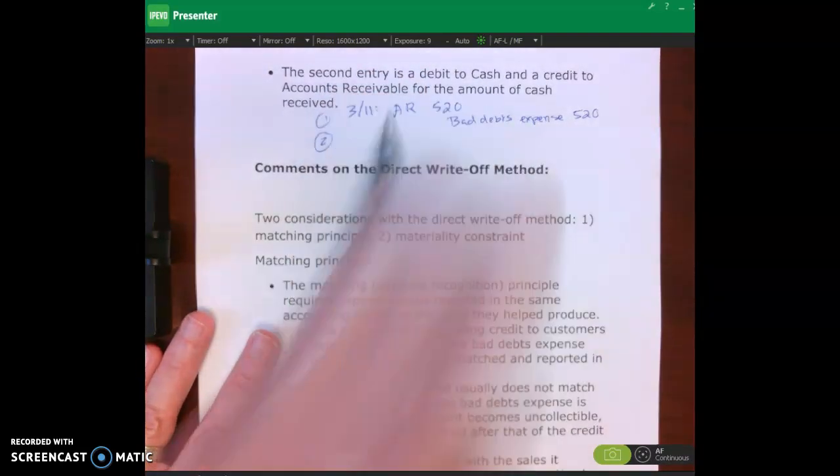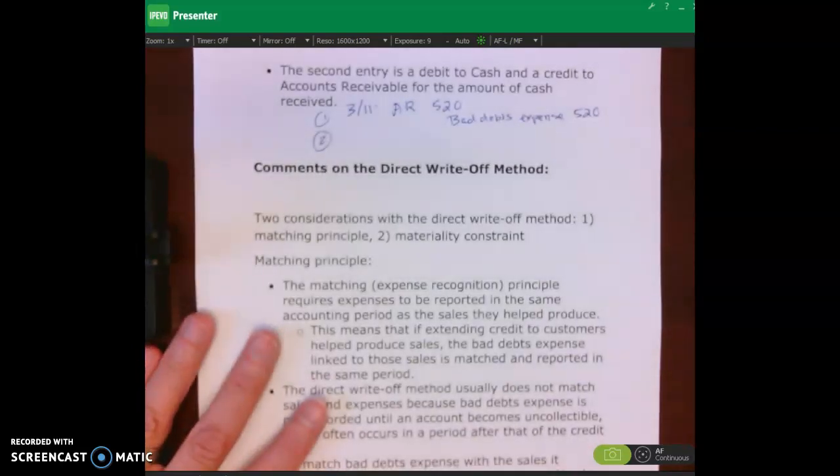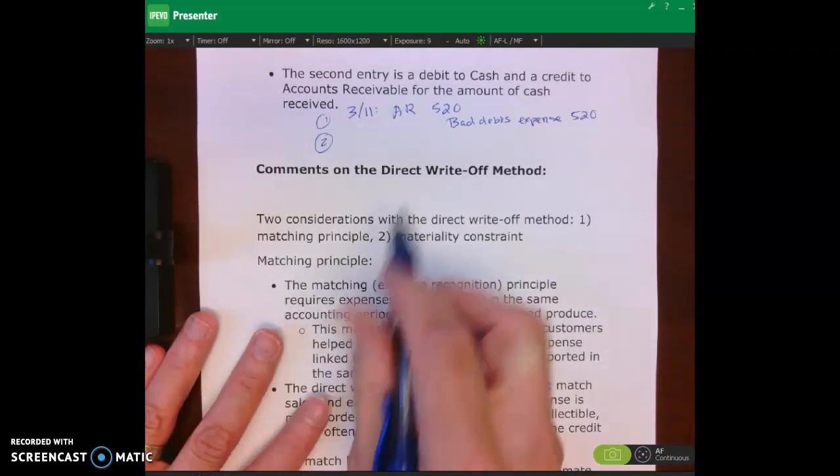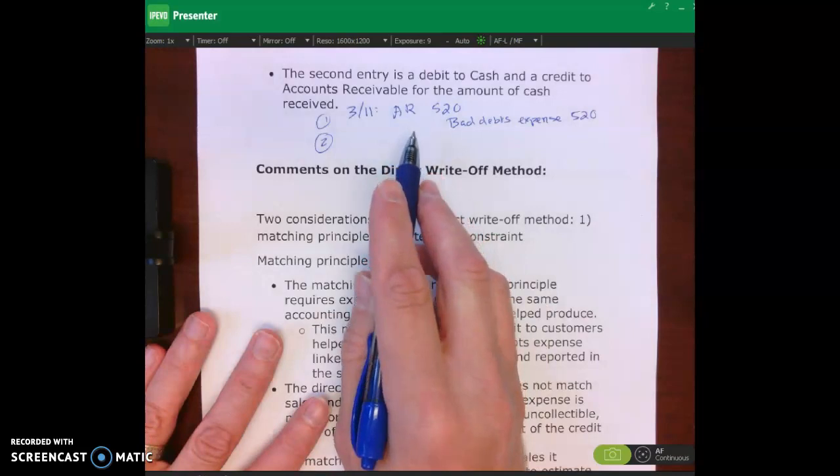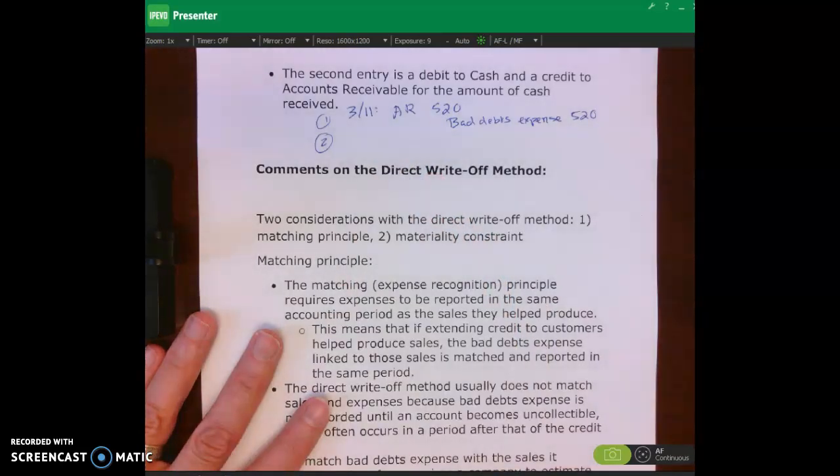I have to do 2 journal entries when I recover a bad debt. The first one is to reinstate the accounts receivable. The second journal entry is, what is the journal entry when we get paid? You should know this. We debit cash and then we credit accounts receivable.